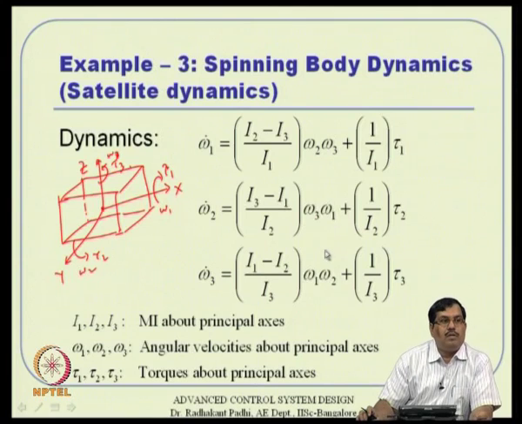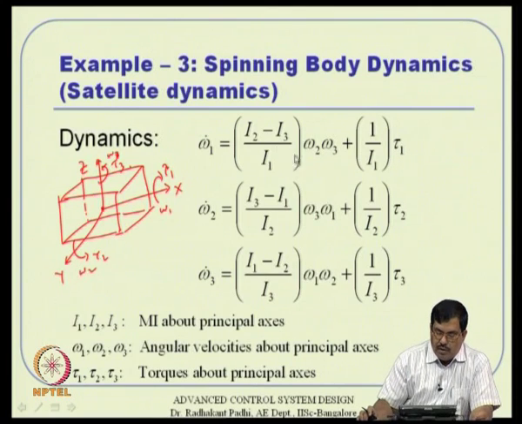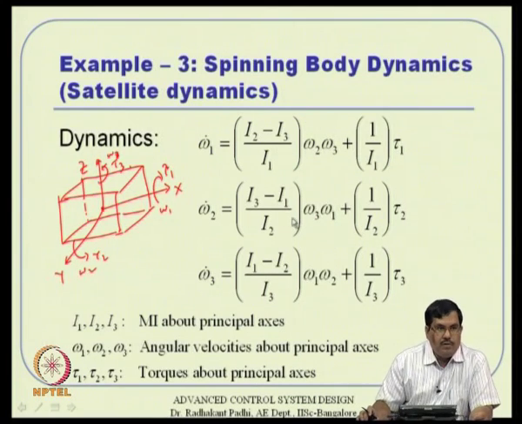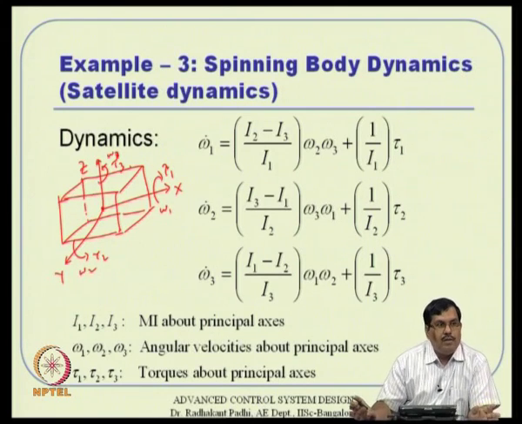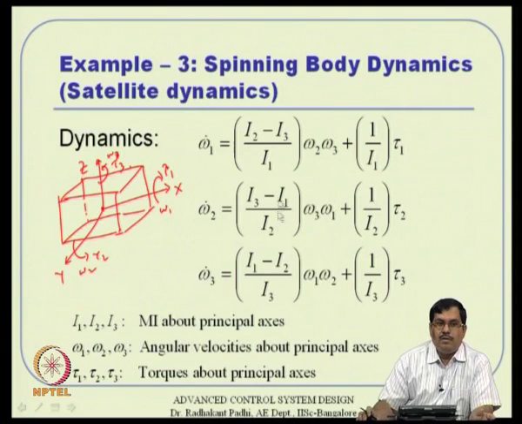So let us try to do that, arresting this rotational motion. We are not particularly interested in a specific direction or orientation, let us simply arrest the tumbling, that is all. It should stabilize somewhere, and the exact orientation where it will stabilize we are not bothered so much about. That is the problem, let us say.